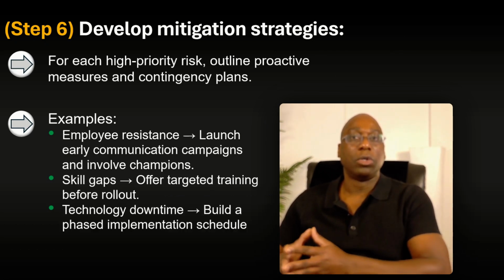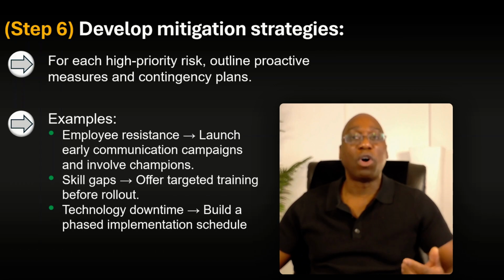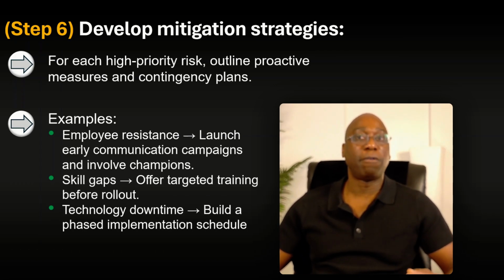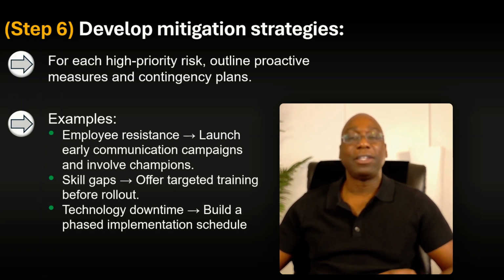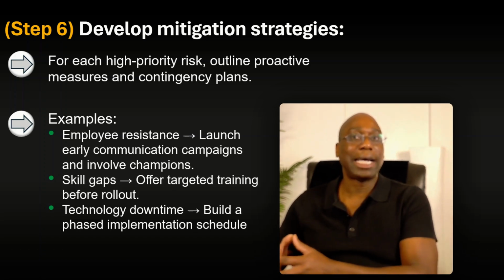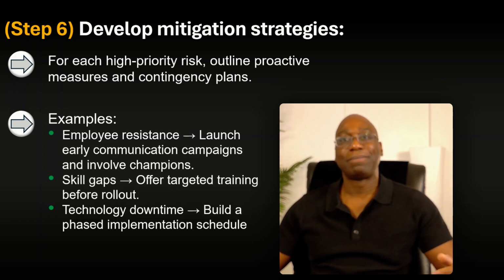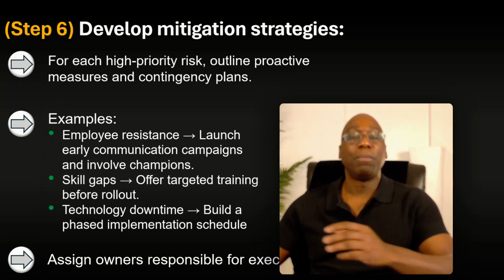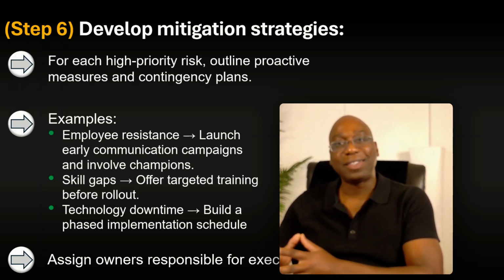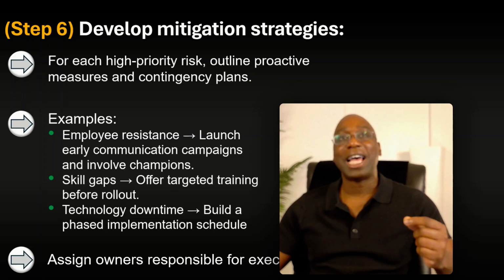For knowledge or skill set gaps, you want to offer targeted training before rollout as a solution to mitigating that risk. When you have a situation where there will be downtime to a system or technology, you want to build a phased implementation schedule to mitigate those risks. You also want to assign owners that will be responsible for executing the mitigation actions.